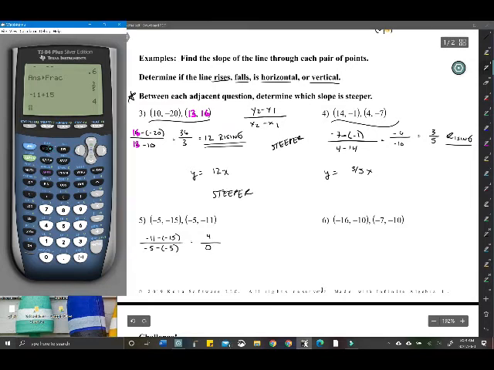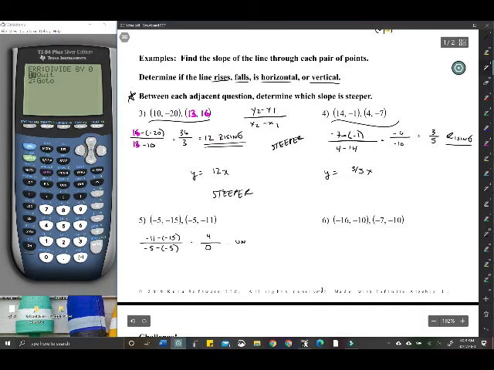Now, a little curveball with this one. I'd like to show you the curveball so you know what to look for. 4 divided by 0 is undefined. So what we have here is a vertical line. A vertical line is undefined.